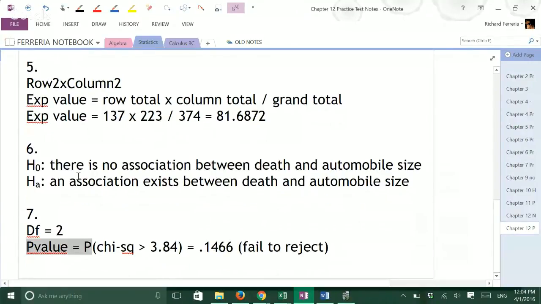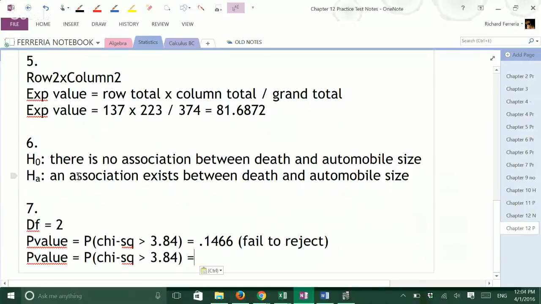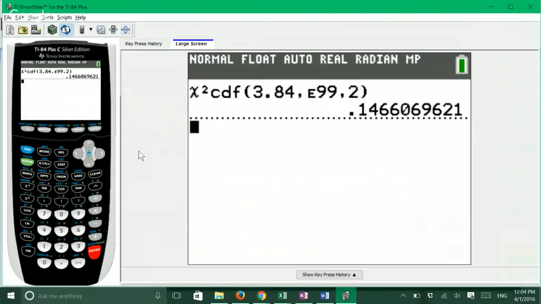Okay. The next one is 5.99. Let's just figure that out. Let's just change that to 5.99. I wonder if that saves time.